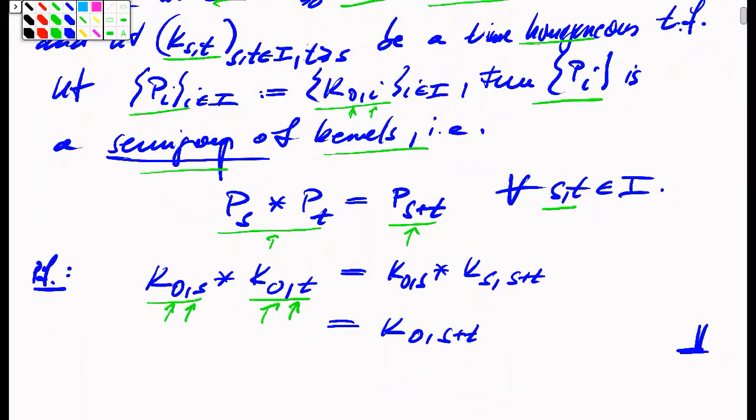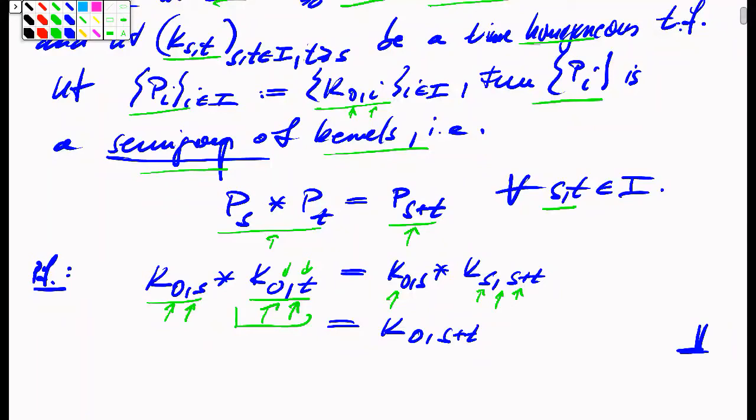Therefore we can write this as the convolution of the first kernel with the second kernel, which is written as the kernel for two time points, in this case s and s plus t, chosen such that the difference between the two time points is the same as in the kernel on the left hand side. And by time homogeneity we know that these two kernels are the same.